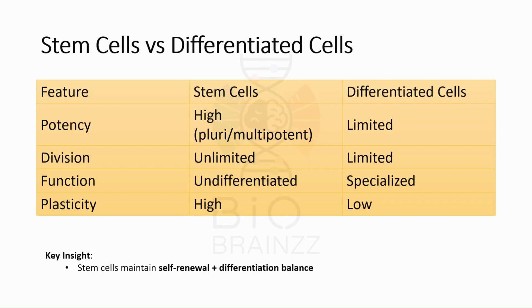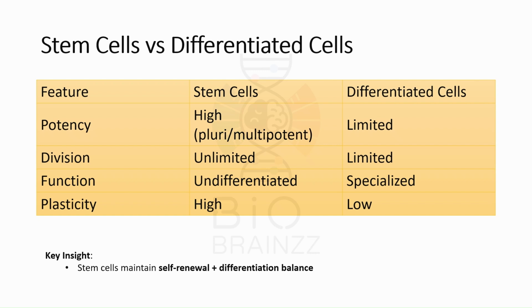Stem cells and differentiated cells differ in many ways. Stem cells have high potency, meaning they can form many types of cells, while differentiated cells have limited function. Stem cells can divide continuously, whereas differentiated cells have limited division capacity.